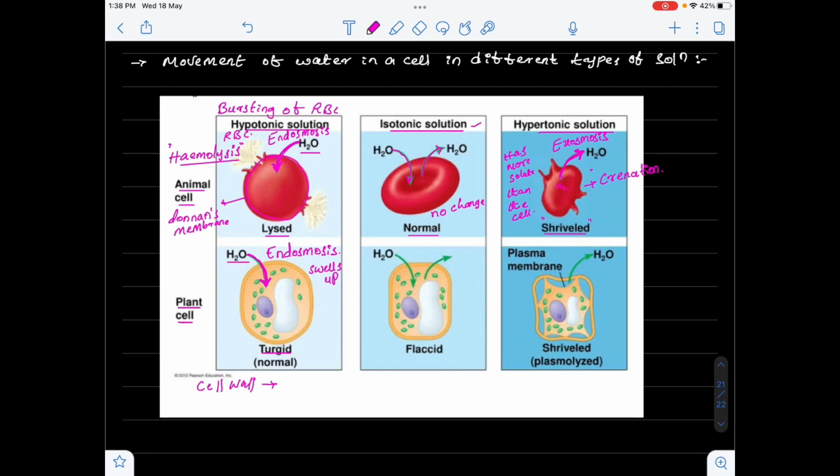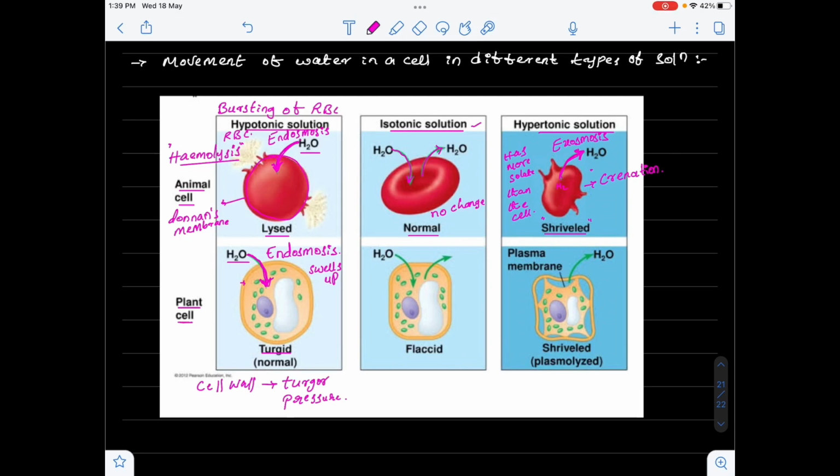The entry of water inside the cell causes some pressure on the plasma membrane, and equal pressure is exerted by the cell wall on the plasma membrane. We call this pressure turgor pressure. So, due to this, the plant cell placed in hypotonic solution remains turgid, so it won't burst.